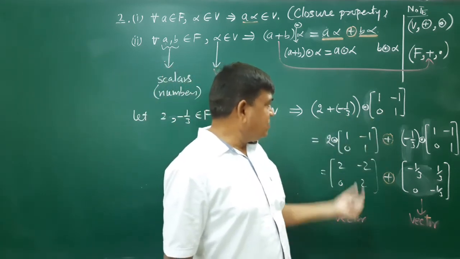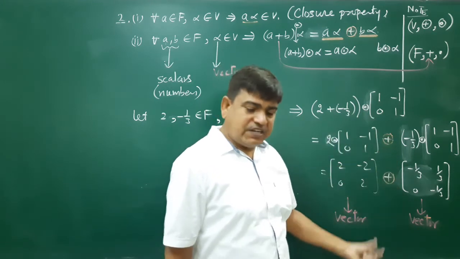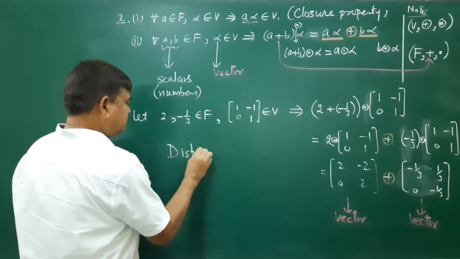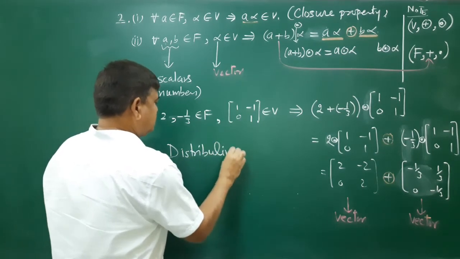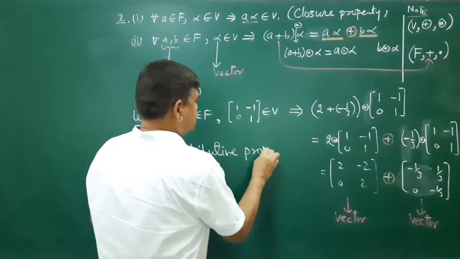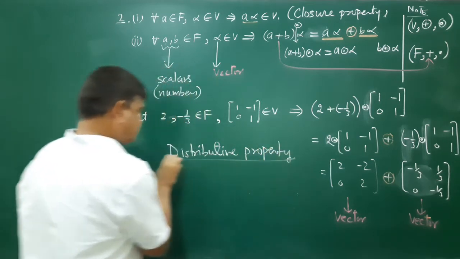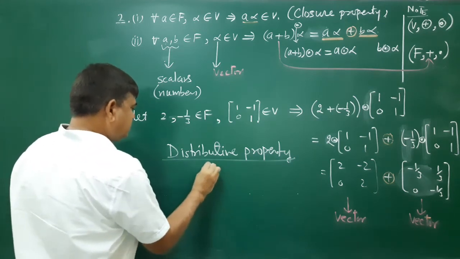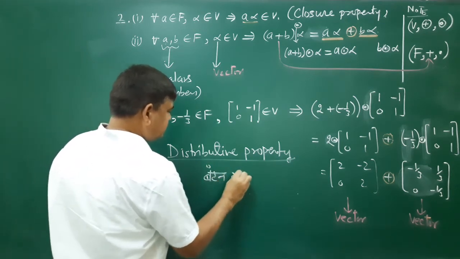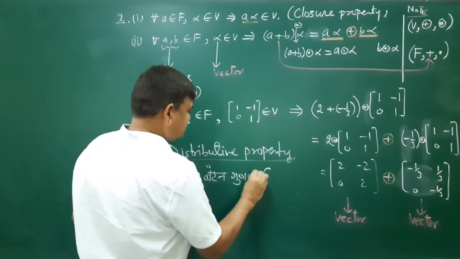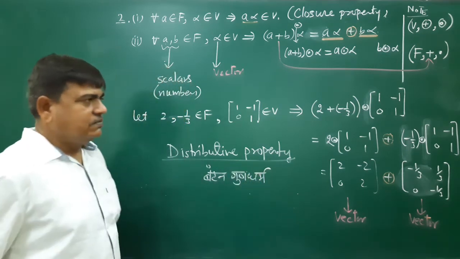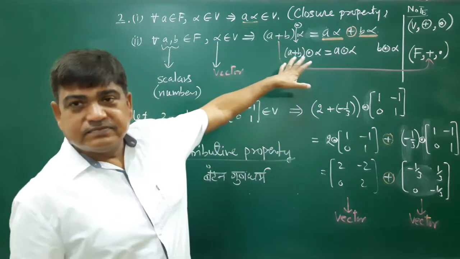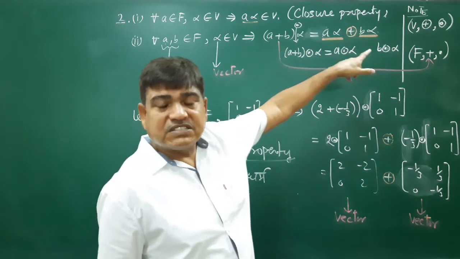Situation is like this. Now you know which type of symbol is to be used here. This is called distributive property. बंटन गुणधर्म हिंदी में बोलते हैं। बंटन गुणधर्म, distribute over scalar addition just like this.